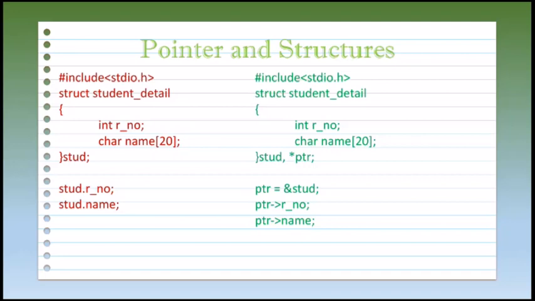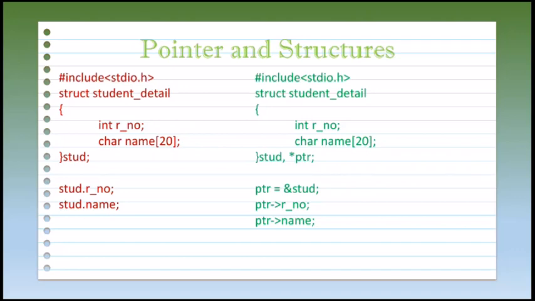So the statement will be the pointer variable ptr, then arrow and then the member, that is either r number or you can access name. In a normal structure variable, to access we use the dot operator, whereas if you want to access by using the pointer variable, you have to use the arrow mark.